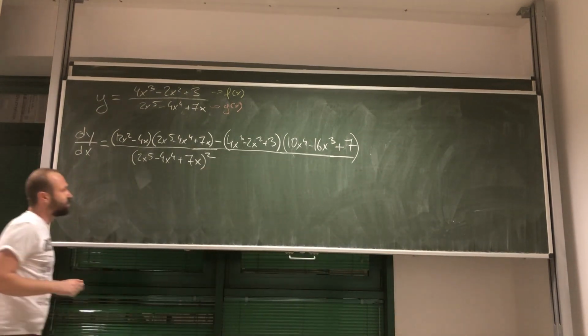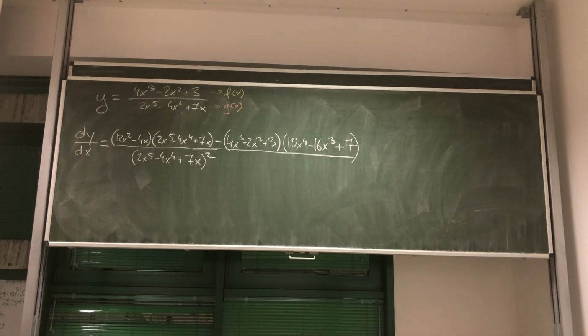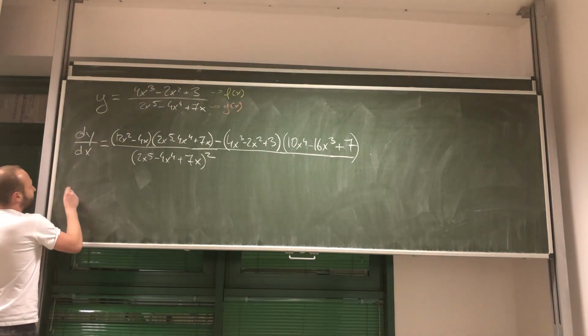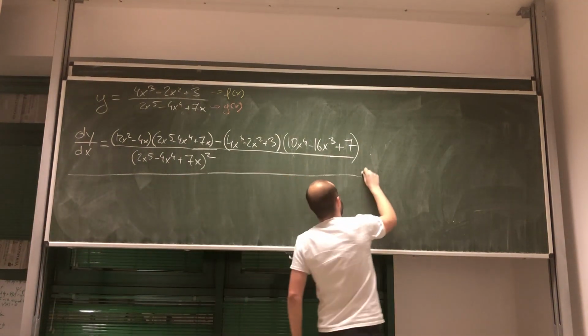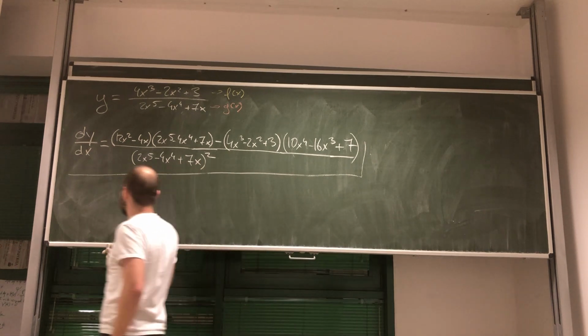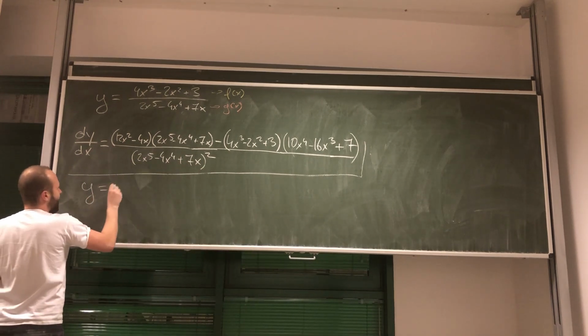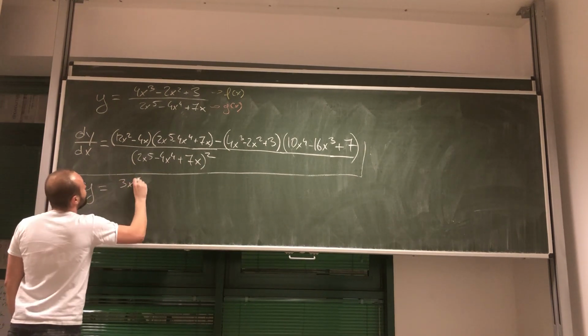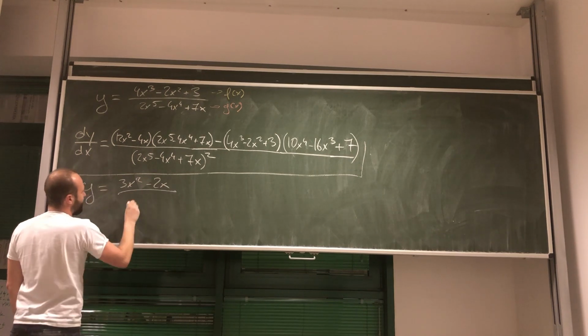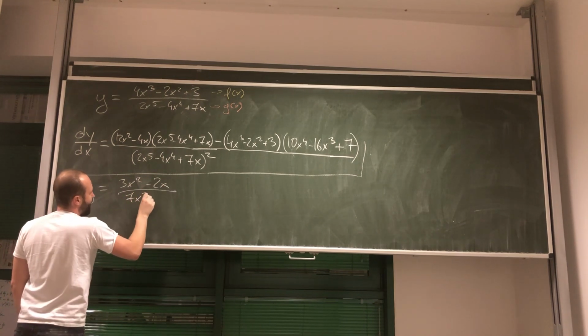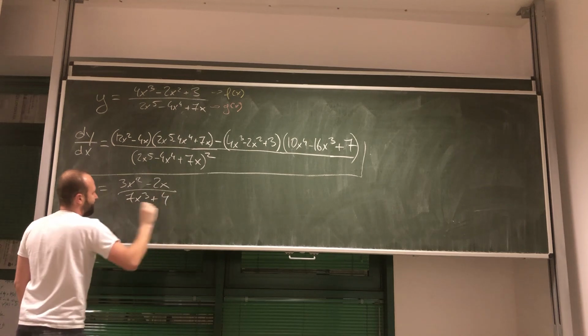Okay, let me just show you one more example, maybe an easier, shorter one, not to confuse anybody, and we can be done with this rule. So now let's just say that y is (3x squared minus 2x) over (7x to the power of 3 plus 4).